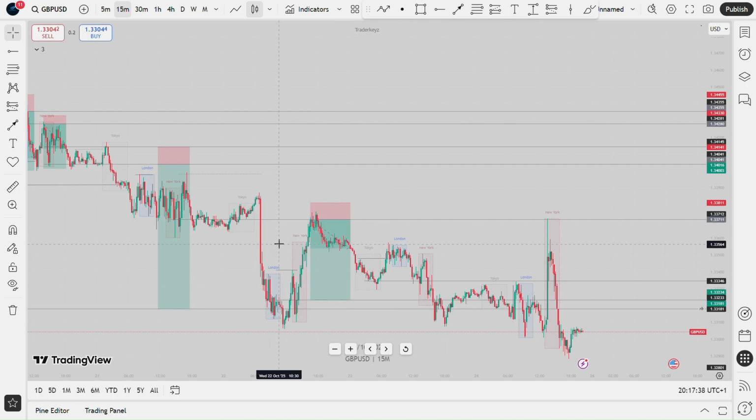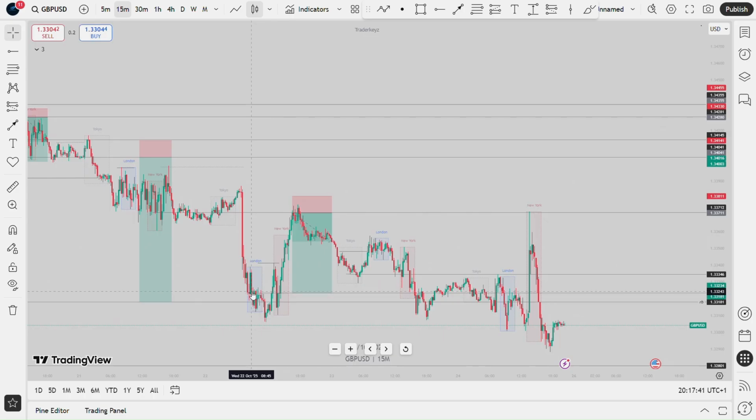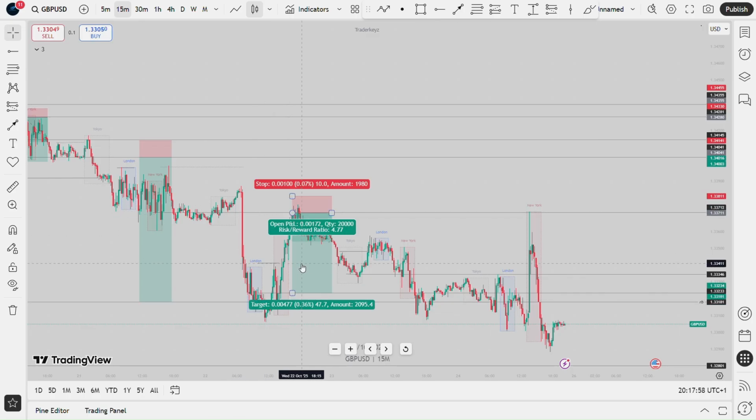But the funny thing that happened was that during the London session, price never tapped our entry point. This move down here was caused by news on Wednesday. On GBPUSD there was very strong news, and we were waiting for price to retrace into our entry point and tap us in, but price never did that.